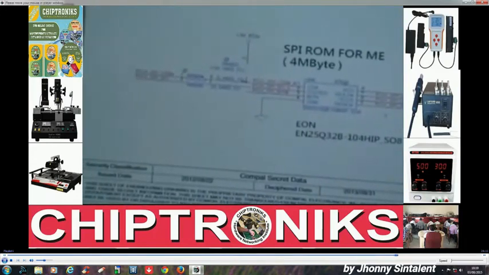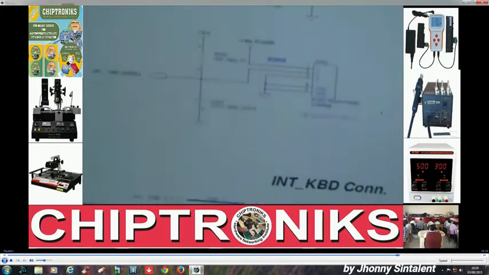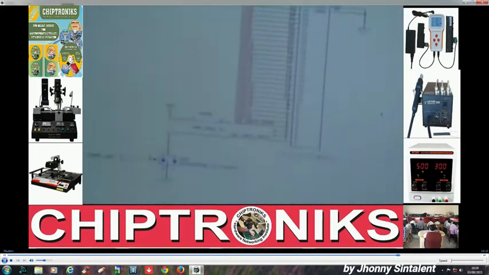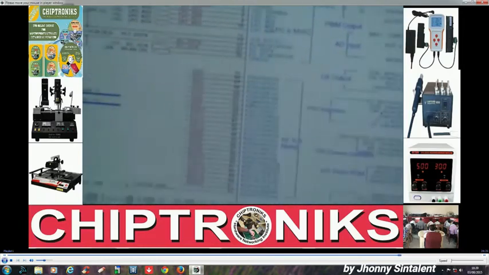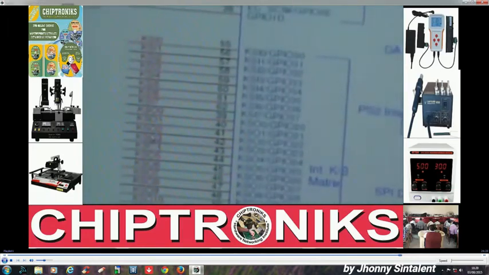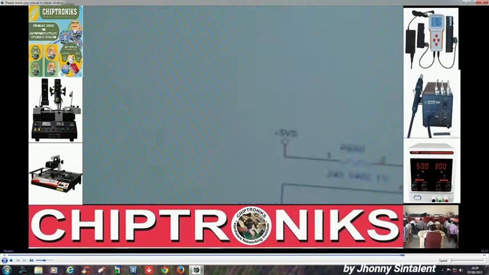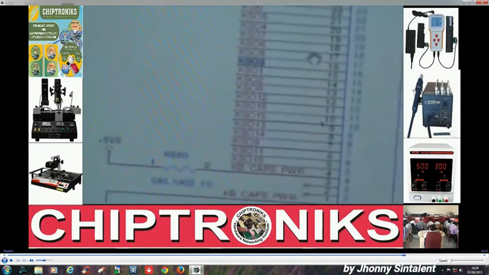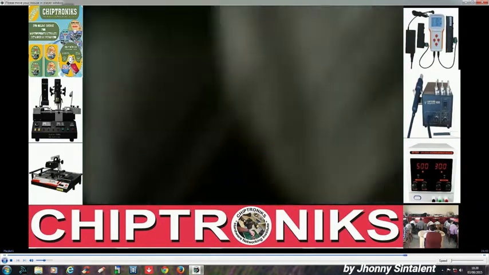We go back to our IO controller page 39, and we see over here pin number 42, which is connected to KSO3. Let us see where is KSO3. KSO3 is pin number 16. That means we have to ground this pin number 16.